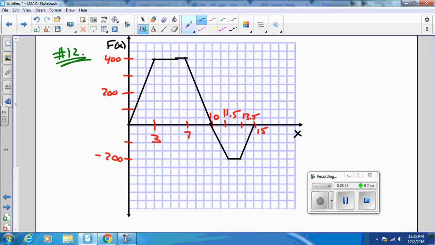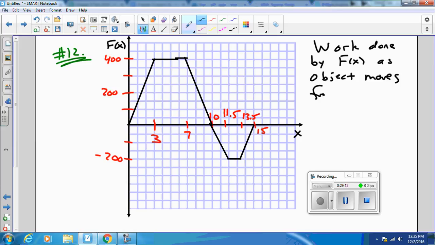And now they ask the question, how much work is done by that force as the object moves from x equals 0 to various points along? I don't remember the particular points, so I'm going to make up a couple of points here.